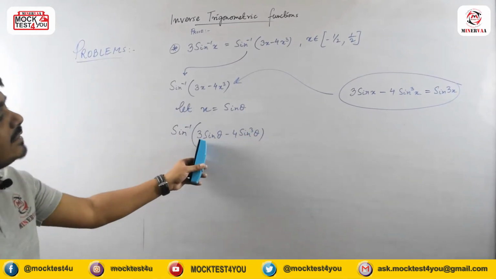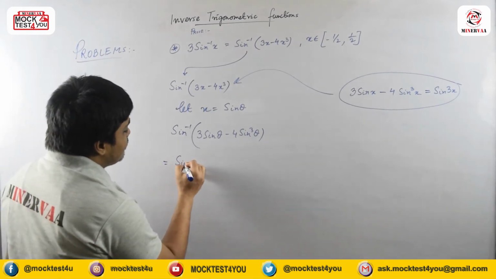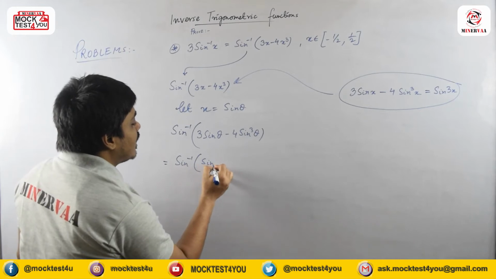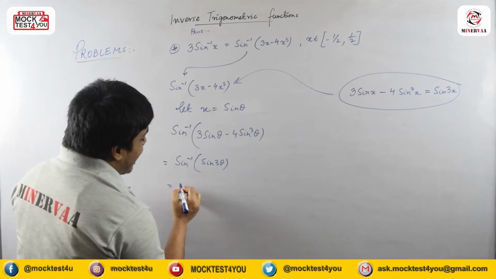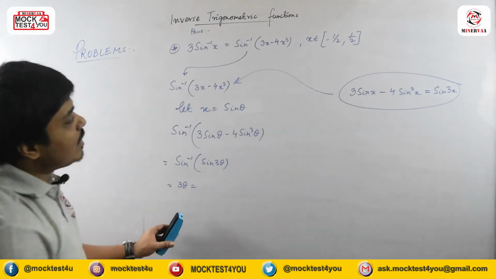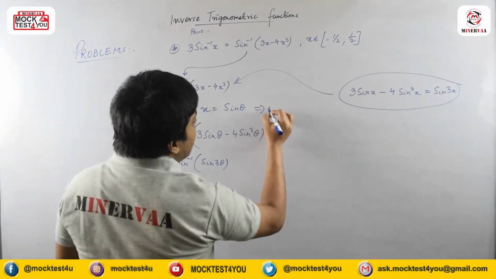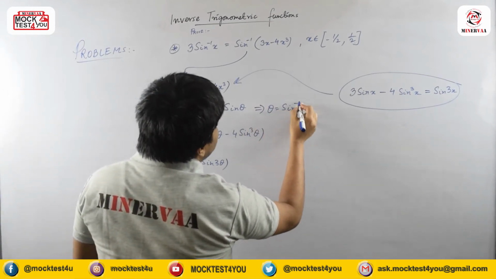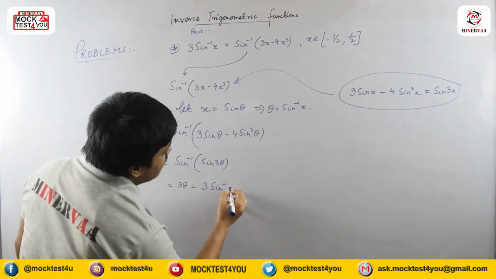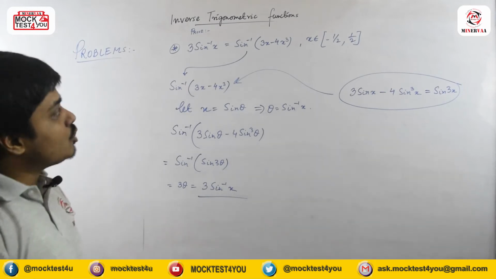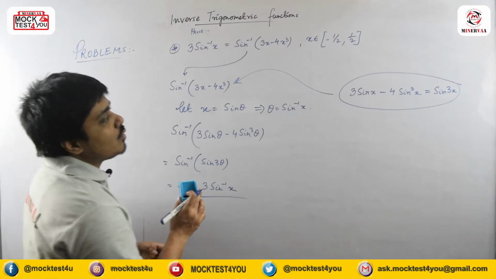Now this is the formula of sine 3 theta. So sine inverse sine 3 theta, and now sine inverse and sine go away. We have 3 theta. And what is theta? x is equal to sine theta implies that theta is equal to sine inverse x. So it is 3 sine inverse x. That's my answer. So that's how we try to prove these inverse trigonometric function questions.